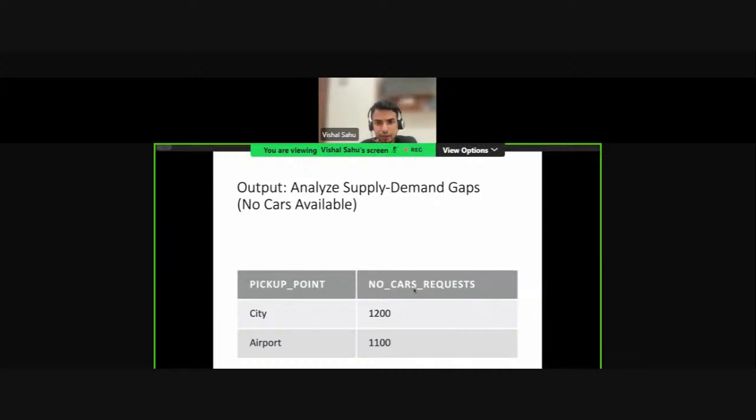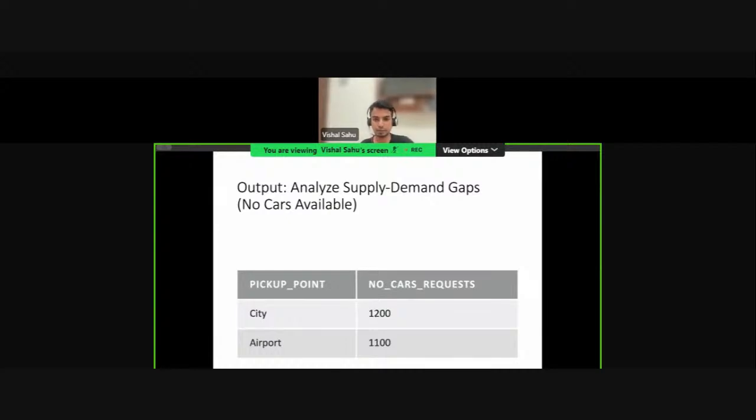Yeah, finding the area where demand is high, arranging more cars. Correct. On this, we also sometimes look at things at an overall level, but this insight alone wouldn't give a lot of solution. What we then do is find out the particular areas where these requests were made.